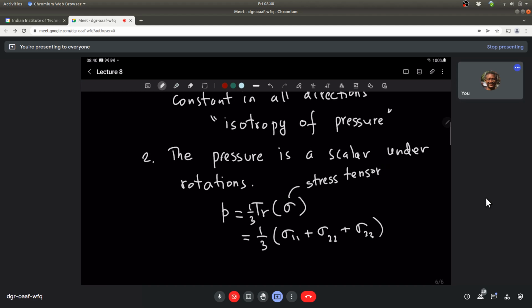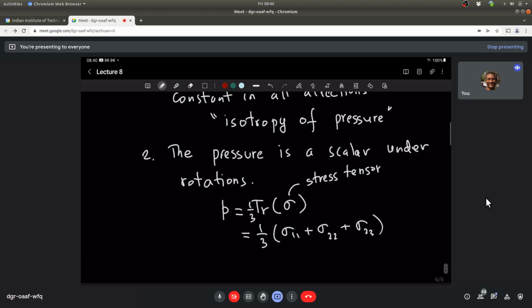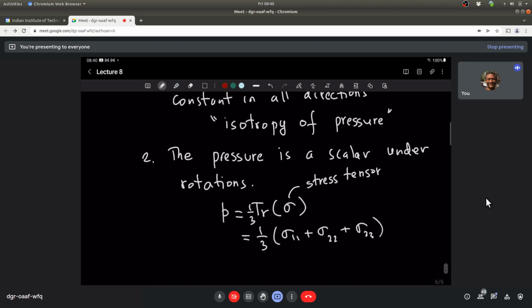The trace of any symmetric tensor is a scalar. It transforms in some particular way, but it's easy to prove that the trace of a second rank tensor is a scalar. These are some properties of pressure that I wanted to mention.